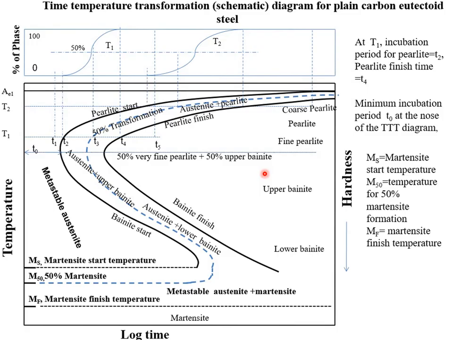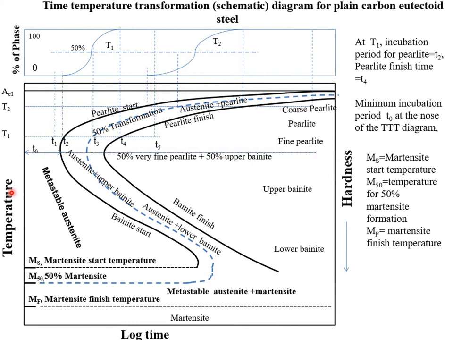Similarly, in the above diagram, this line at about 550 degrees centigrade, this region contains the austenitic and pearlitic phases, and this region contains the austenite plus bainite, which will give us the upper bainite and lower bainite, and similarly the coarse pearlite and the fine pearlite.